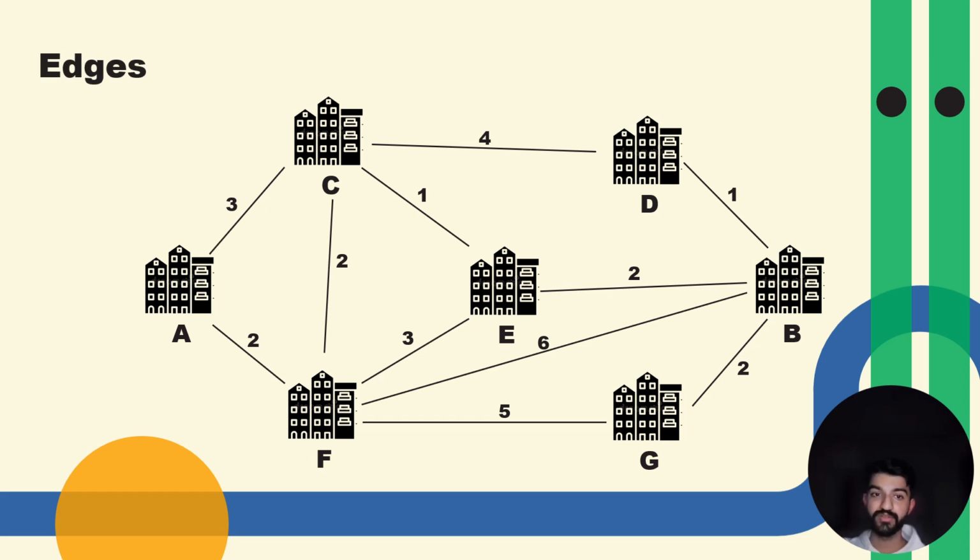Together, the vertices and edges form a graph, and in particular, this graph is a weighted graph because each edge has some value or weight to indicate how costly it is to travel along that edge, measured in either distance or time. And with this graph, we'd like to determine the shortest path from one vertex to another.